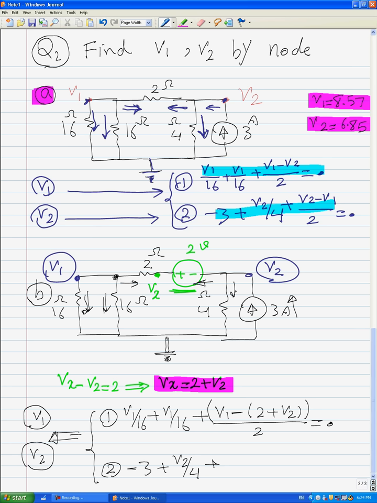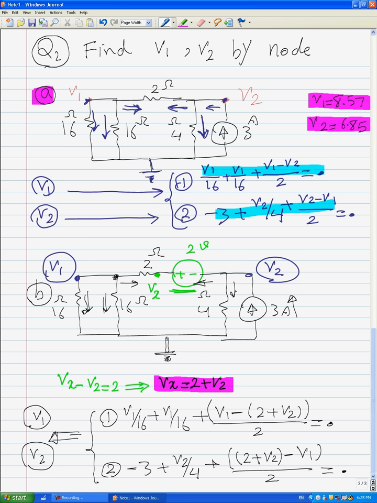This current should be Vx minus V1. Instead of Vx, we can put 2 plus V2, minus V1 over 2 is equal to 0.